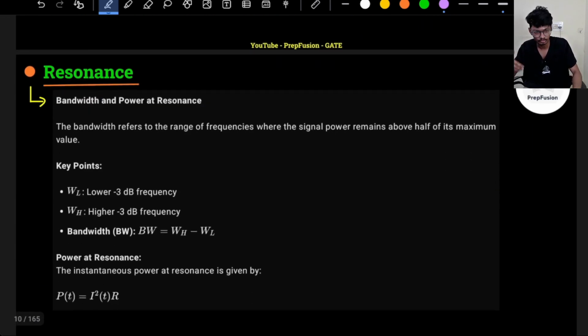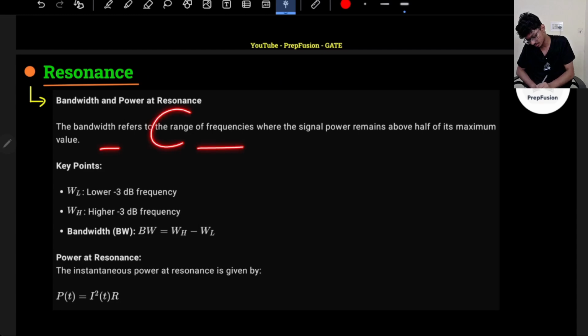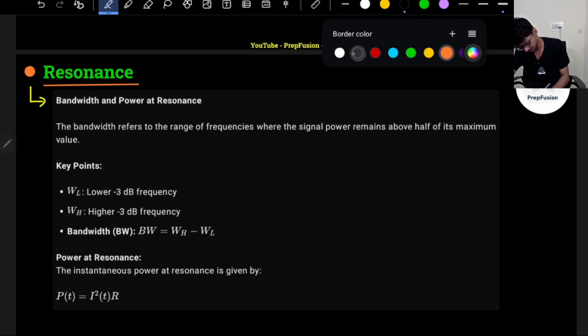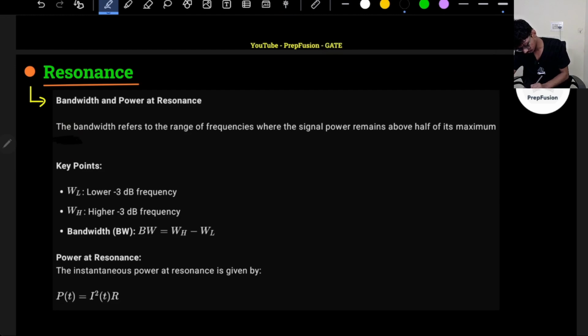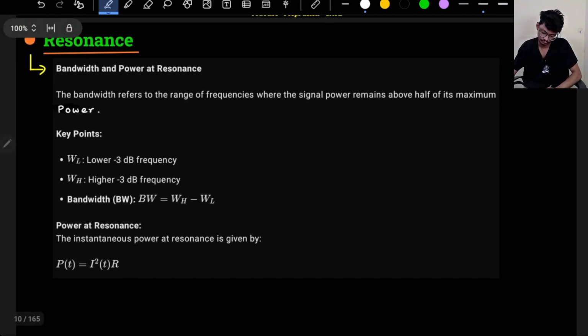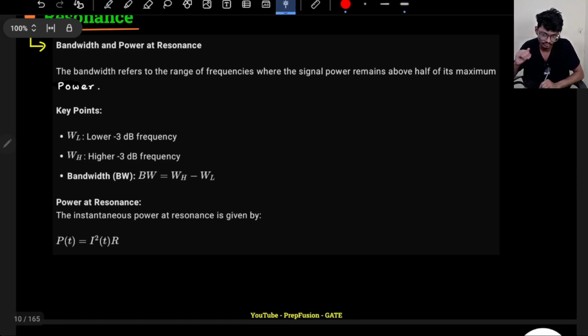As for the definition, bandwidth refers to the range of frequencies where the signal remains above half of the maximum power, not value, sorry, maximum power. Half of the maximum power.